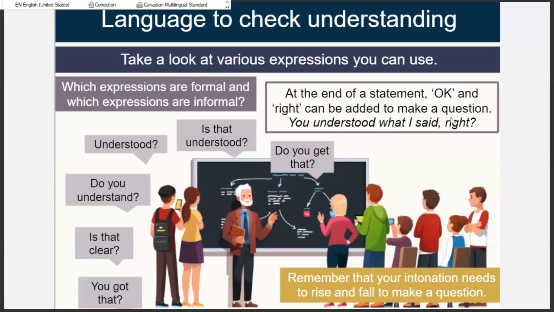Okay, and also it's really important when you are giving instructions to try to be in a sequence or in order. You can use, for example, sequence language, and for example, you can say firstly, secondly, thirdly, next.